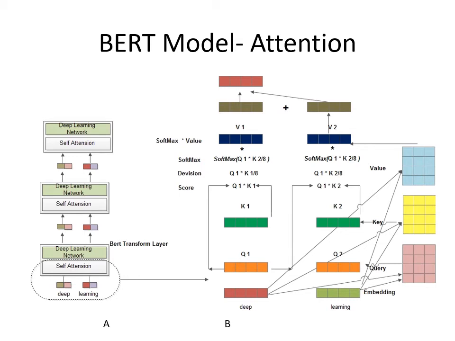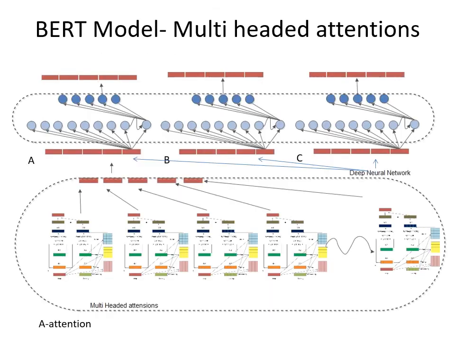Finally, those context embeddings are added together to represent the final context embedding vector for the word "deep". Similarly, it is done for all the words with attention in the BERT model. In real implementation, it's only matrix-matrix multiplication instead of vector-matrix multiplication.